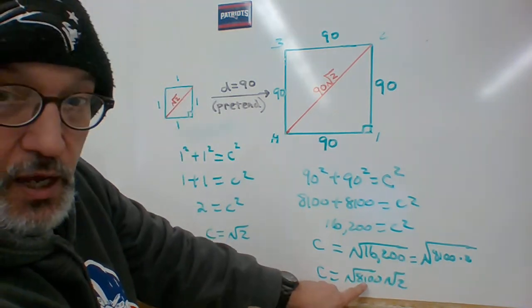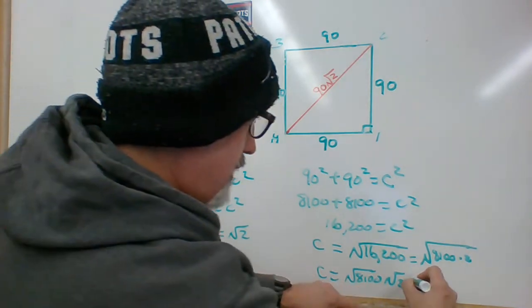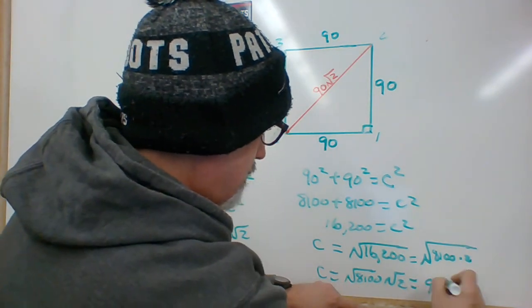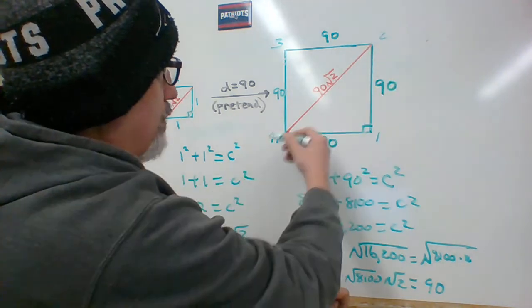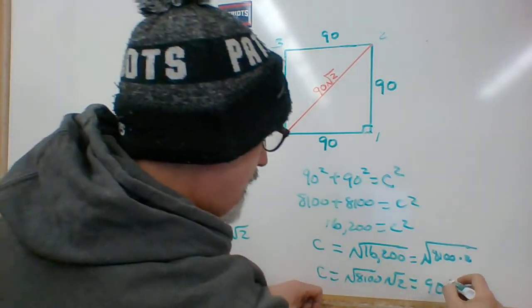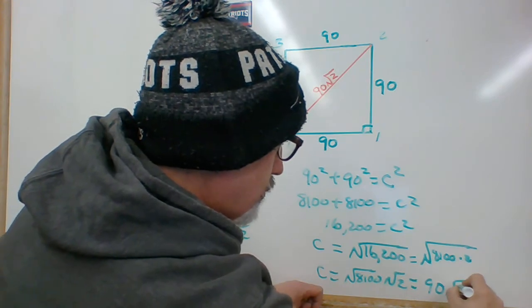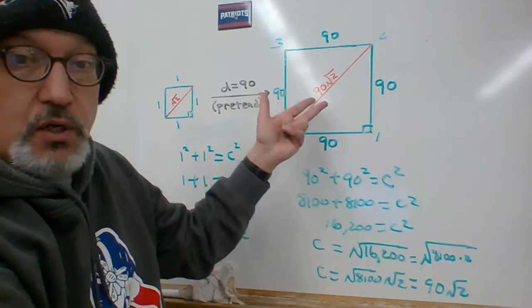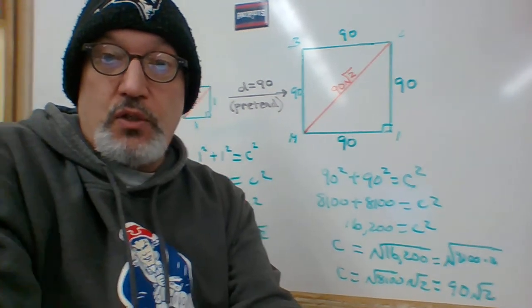And the square root of 8100 is, of course, 90. So we get that the hypotenuse of the right triangle, or the diagonal of the square, is 90 times the square root of 2, which is, of course, what we knew it was based on the dilation.